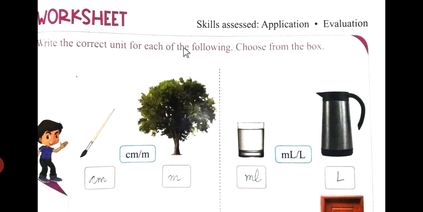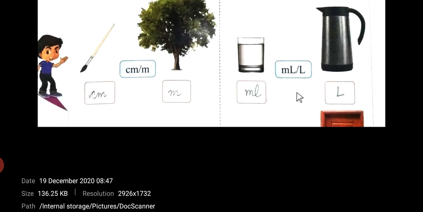And let's see the worksheet. A paintbrush you can measure in centimeters, and the tree you will measure with meters. This glass of water can be measured in milliliters, and the jug is measured with liters.